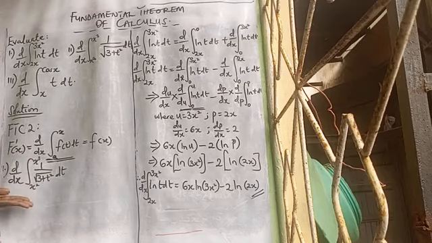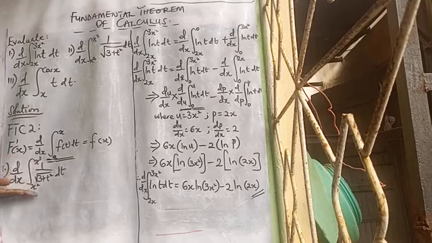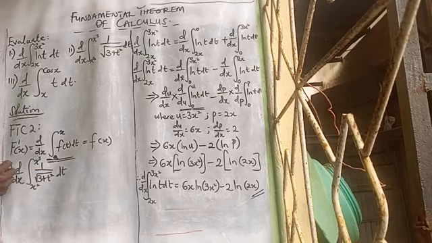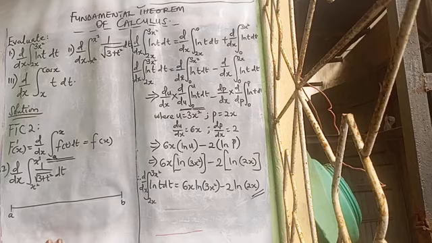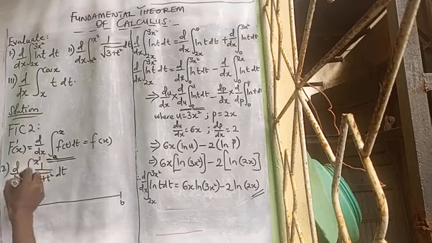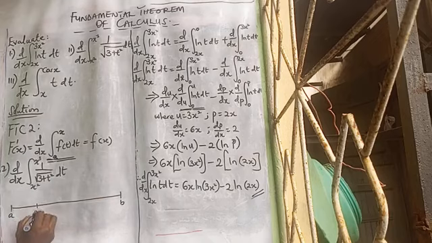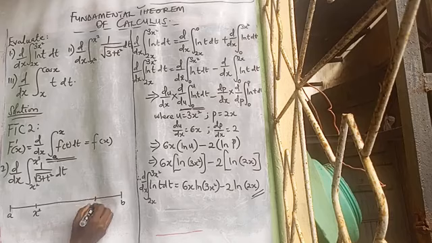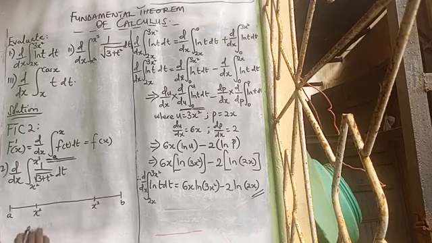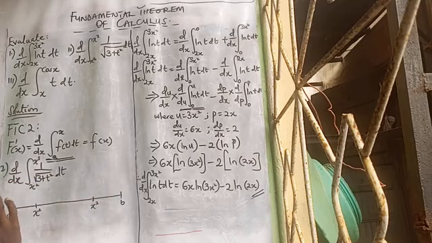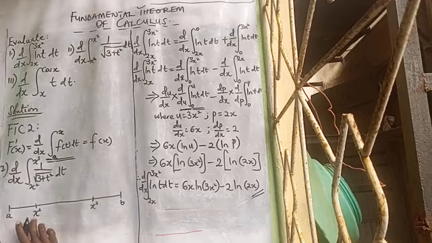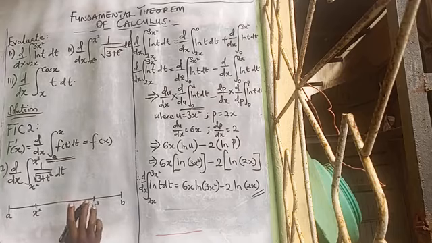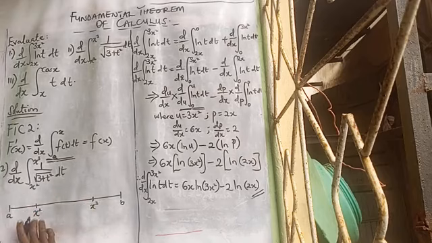But if both are functions of x, as I have in this case, just as we did in example 1, assuming that's our interval a to b, we find a spot for x squared and x cubed on that. Again, this does not imply that x squared is less than x cubed or that x cubed is less than x squared.